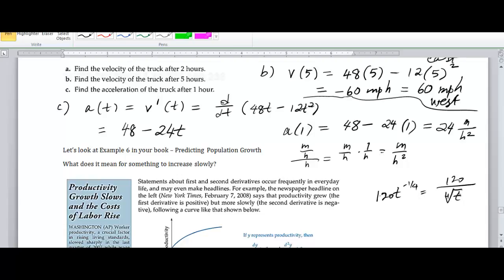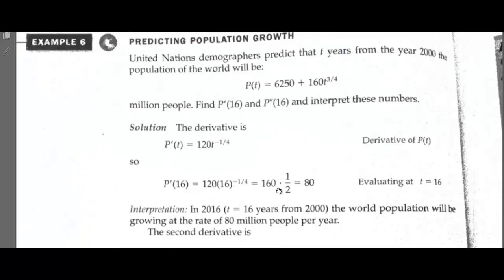Then if I plug 16 into here, that's the 4th root of 16, which is 2. 120 over 2 is 60. Okay. And actually, I think there's an error here. There's a typo in the book. It should be 120 times a half, not 160 times a half. So you should get 60 here.